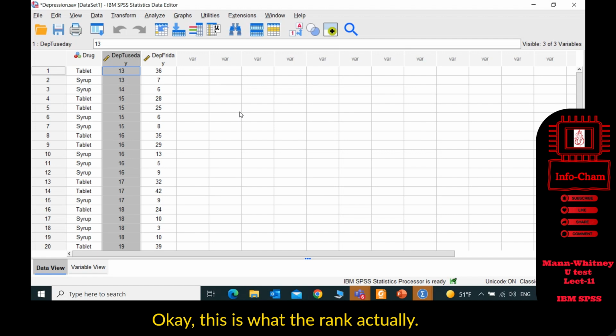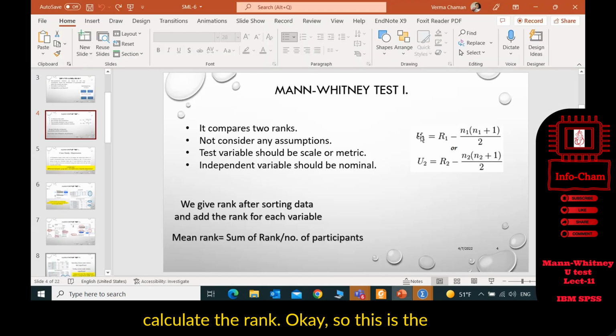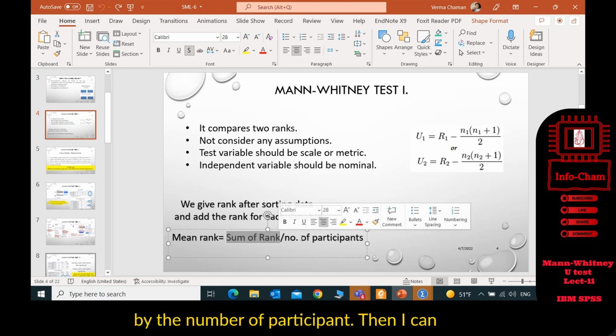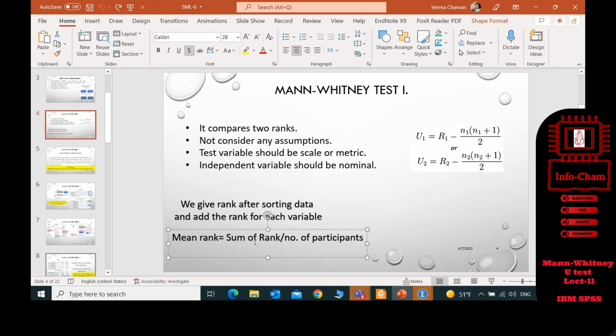Okay, this is what the rank actually is. Please find on the internet how they calculate the rank. So this is the formula generally, and mean rank is basically the sum of the rank divided by the number of participants. Then I can find the mean rank. This is a formula, right? Because we are using a tool, it should be automatically calculated for us, right?